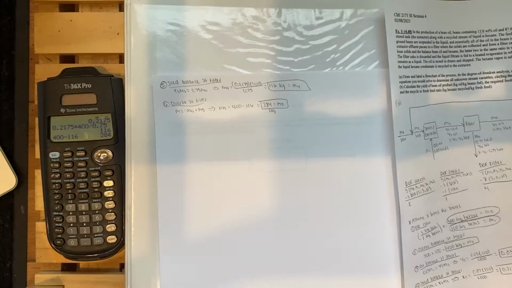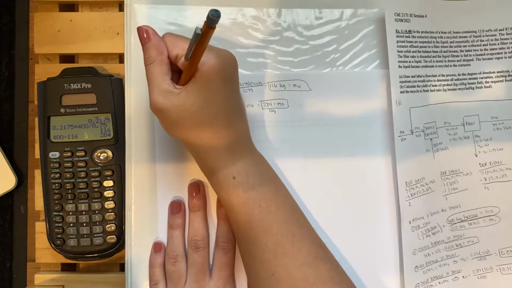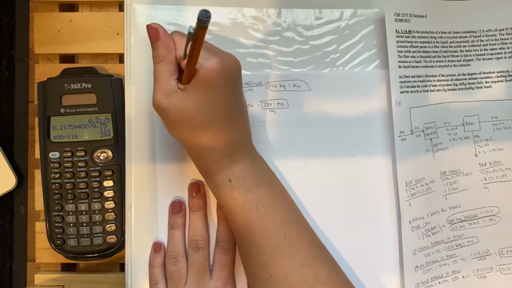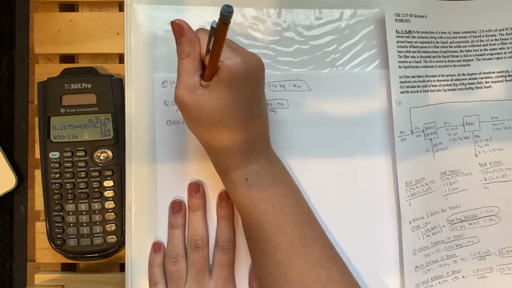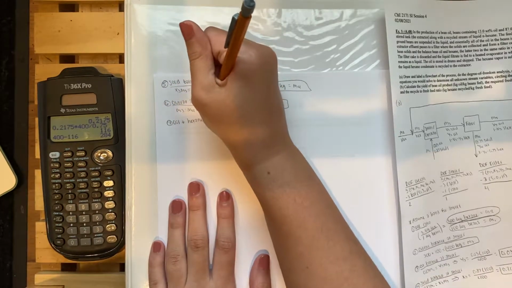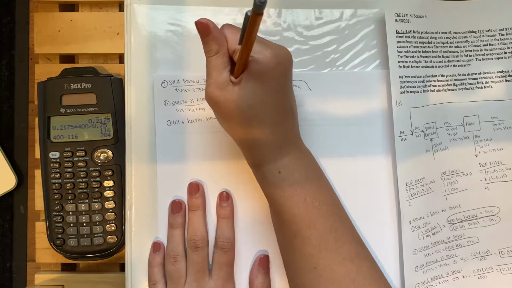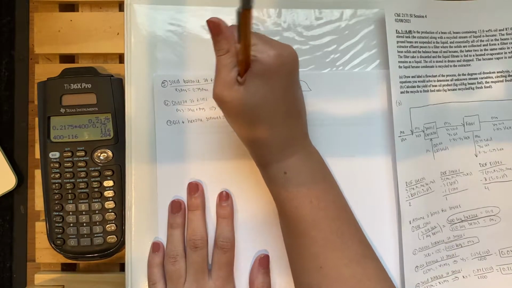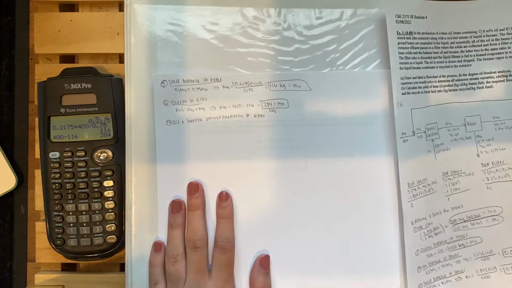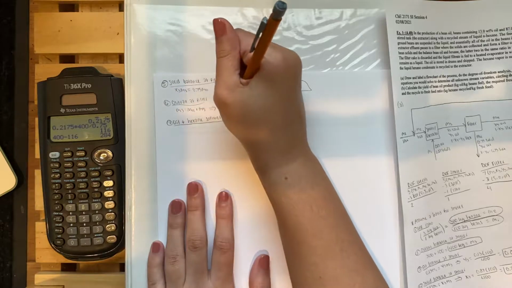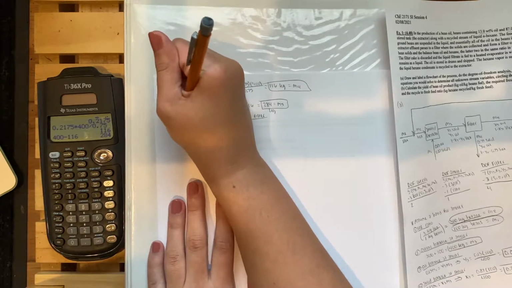Now we are going to move on to do an oil and hexane balance simultaneously at the filter. So at the filter, we have an oil balance. It looks like this.